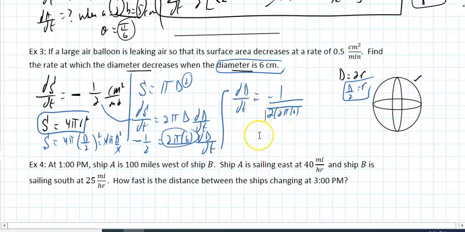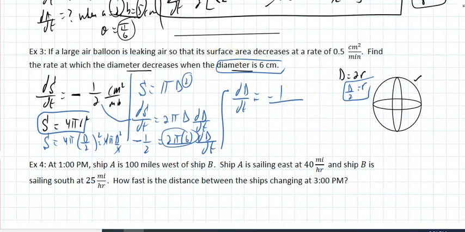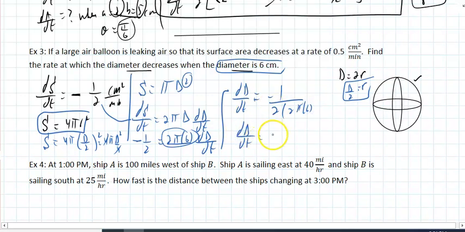Okay, I'm not sure what's happening, but there. Ooh, too many of these lines. So 1/2 you multiply by 2 pi times 6. So I could say that the change of d with respect to t is negative 1 over 24 pi.